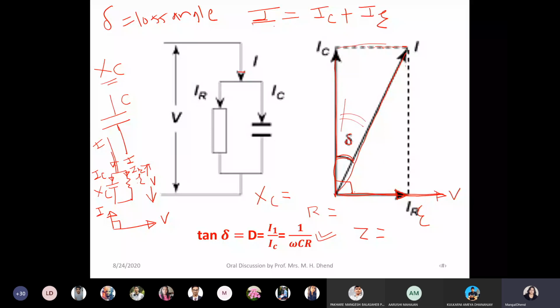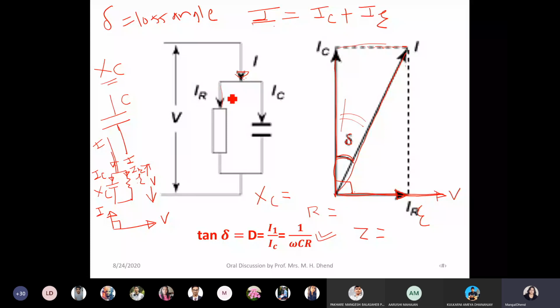So the current through the capacitor I will not lead the voltage across the capacitor by 90 degrees, but it will fail to lead by a small angle. That small angle is known as the loss angle, and tan delta is known as the loss factor or dissipation factor, because of the resistance of the capacitor.